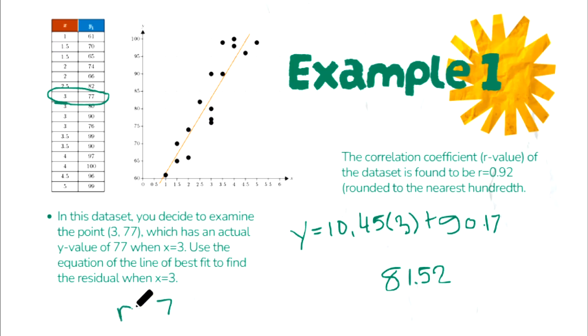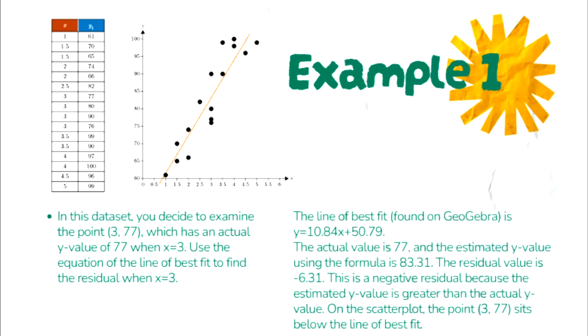So to find our residual, we need to take 77 minus 81.52. I'll grab my calculator because I don't trust myself: 77 minus 81.52 gives us negative 4.52. So the residual for this data point is negative 4.52.